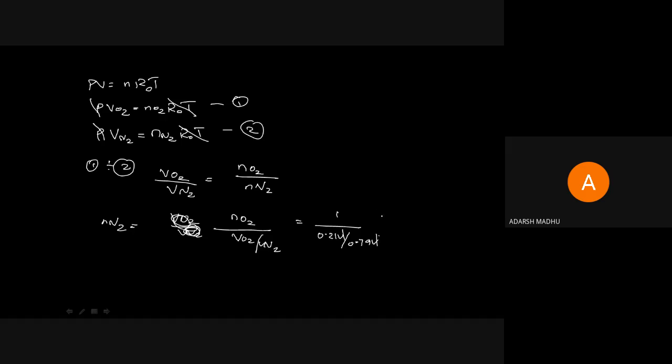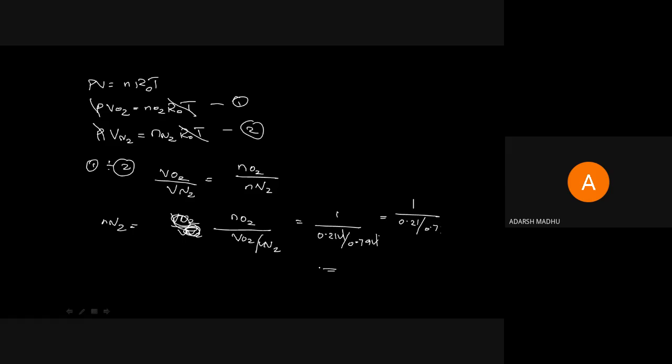Therefore, the equation is 1 divided by 0.21 divided by 0.79. This is the value for NN2, number of moles of nitrogen per 1 mole of oxygen. We have taken the number of moles of oxygen as 1, and we have calculated the number of moles of nitrogen when number of moles of oxygen is equal to 1.